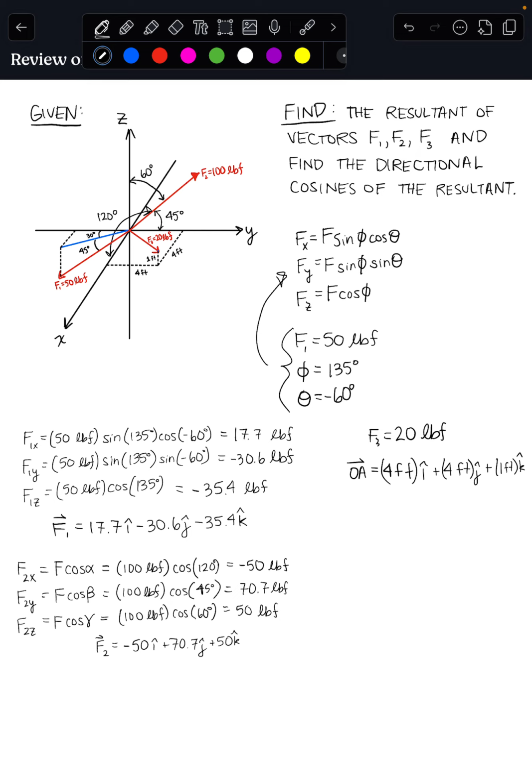Okay, so let me rewrite that as just 4i hat plus 4j hat plus k hat, and that's in feet.